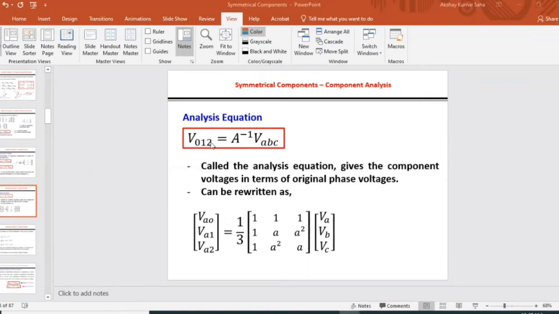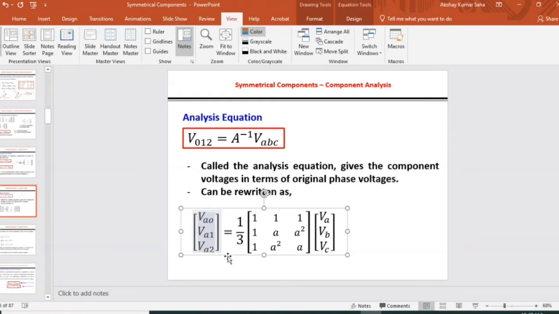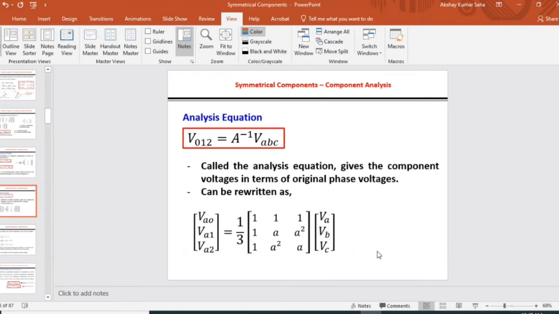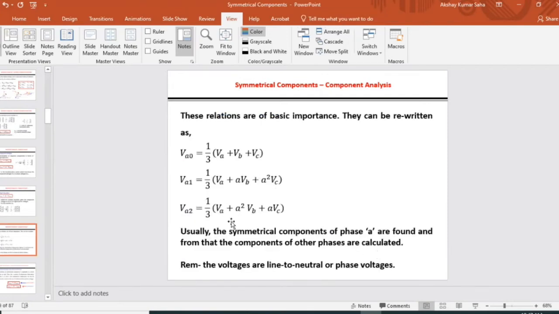So if we expand this one, V012 is equal to A inverse times VABC, we get this matrix: VA0, VA1, VA2 is equal to 1/3 times this matrix and times this column matrix, and from there we can write the equations for VA0, VA1, VA2.